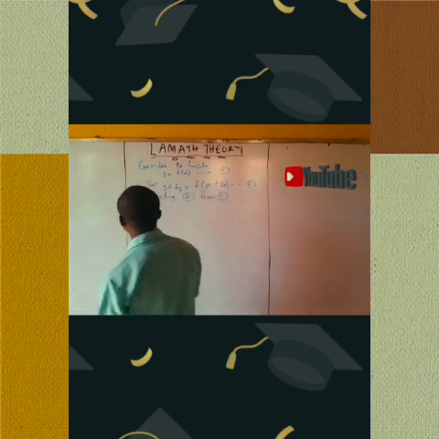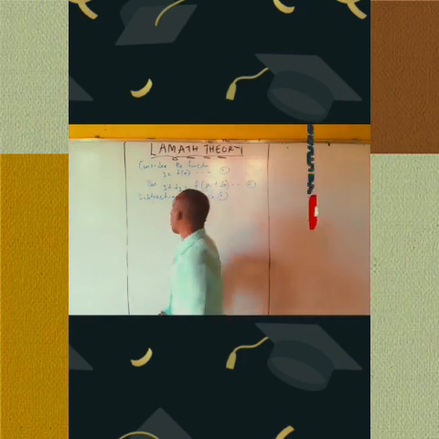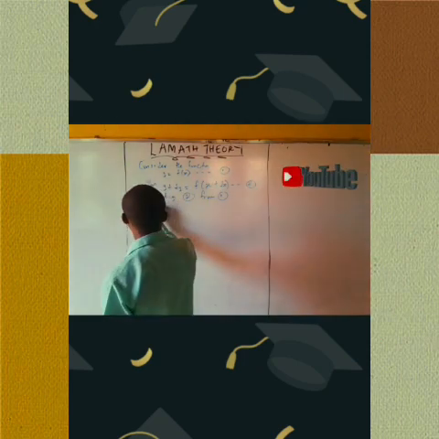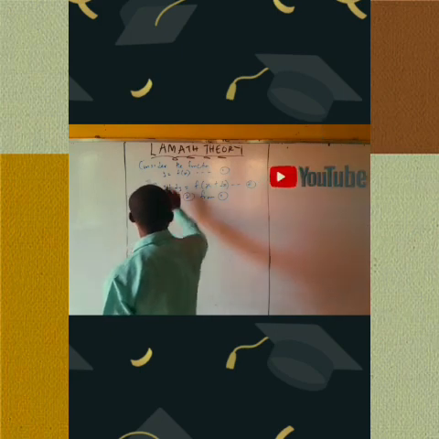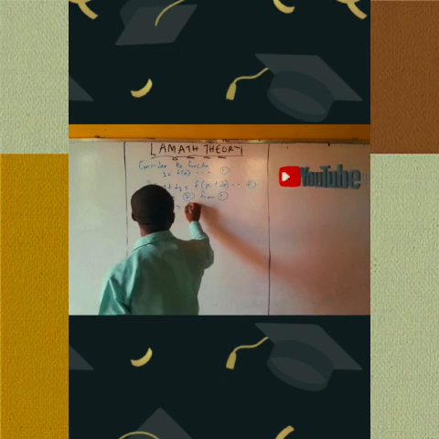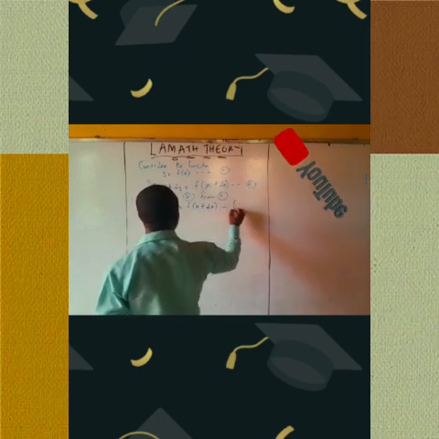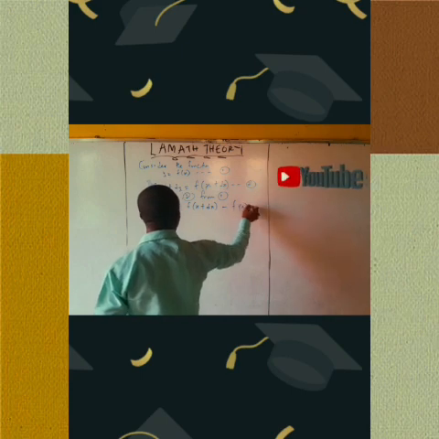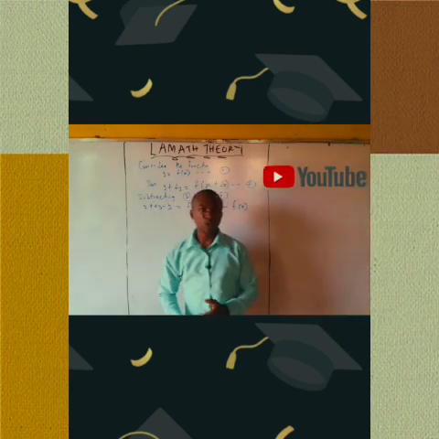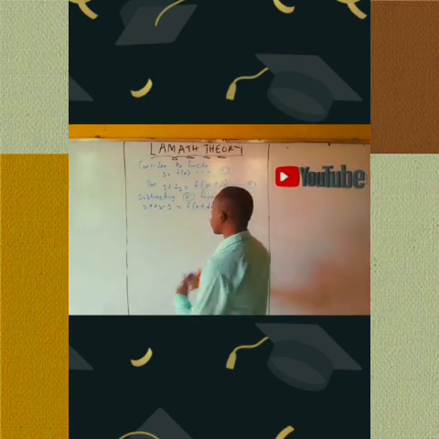Our equation 2 is y plus dy, minus y equals f of x plus dx minus f of x. Are we together?